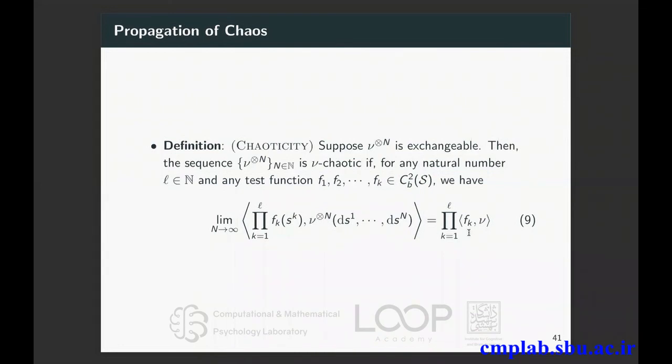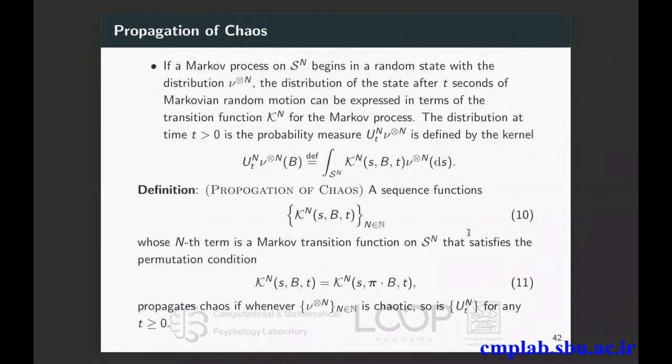independent over each coordinate. And for a Markov process, we can also define the notion of propagation of chaos. For a Markov process, if I have an initial distribution, I can determine the distribution at a later time using this integral. This kernel is the kernel of the Markov process.